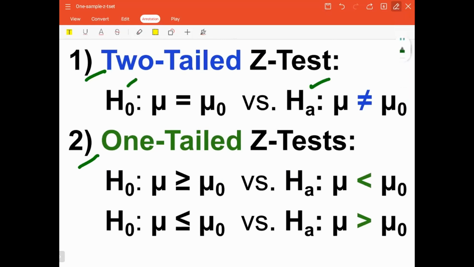Now, if the alternative hypothesis adopts the not equal sign, then it is assumed to be a two-tailed test. On the other hand, when we have the strict inequality less than or greater than, then we have what we call the one-tailed test. Illustrate ko mamaya to guys, using the probability distribution, yung pagiging one-tailed or two-tailed nung isang z-test, when we have those examples, right?